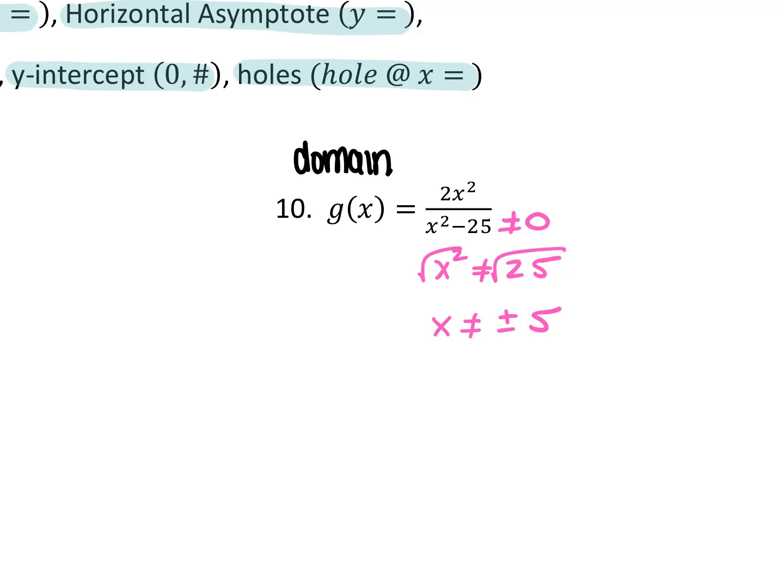So if you want to put that on a number line to write your domain, you can. We have -5 and +5. We're talking about all the numbers before -5, in between, and after. So how would I write that in interval notation?